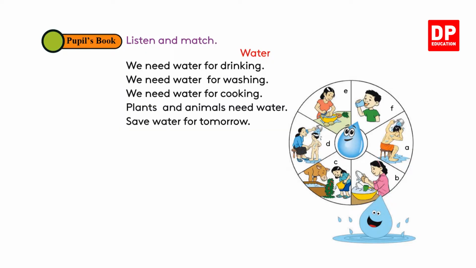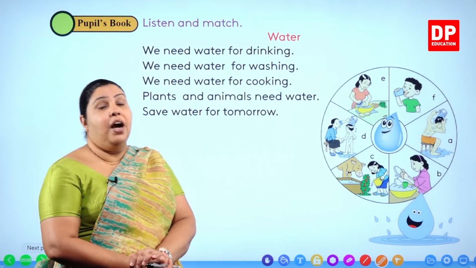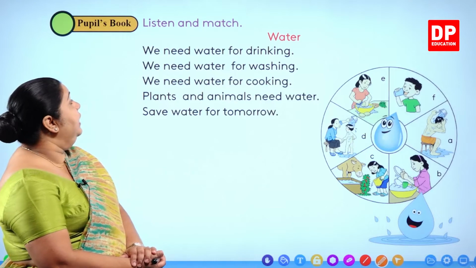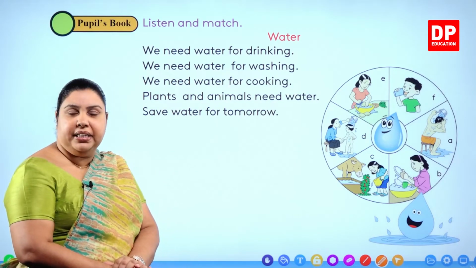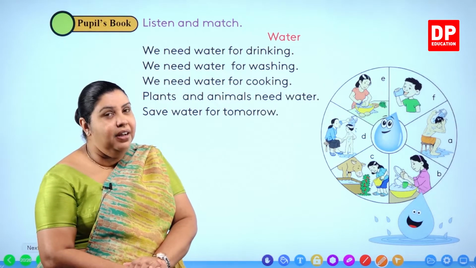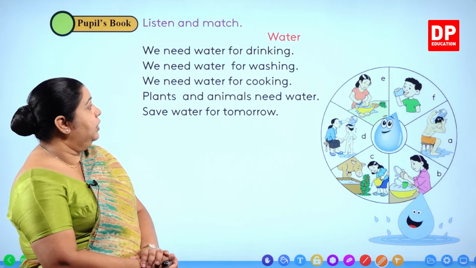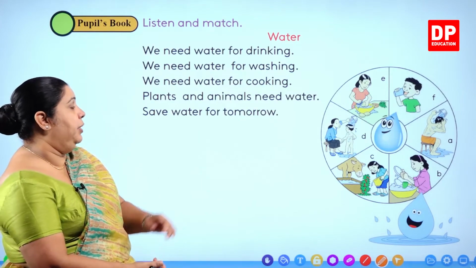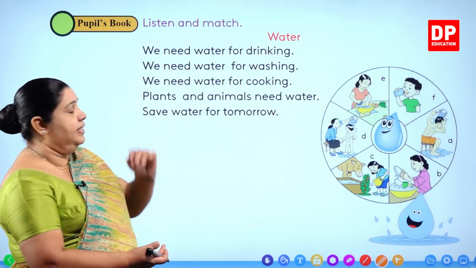Right, in the pupils book, after talking about all these things, now it's time for us to listen and match. Listen and match. හොඳින් අහගෙන ඉන්නවා. ඊට පස්සේ අපි මේවා මැච් කරනවා. ඔන්න මගේ දුවලා පුතාලා කොහොමද මැච් කරන්නේ පුතේ? අපිට මේ pictures තියෙනවා මෙතන දීලා. And we have sentences here.